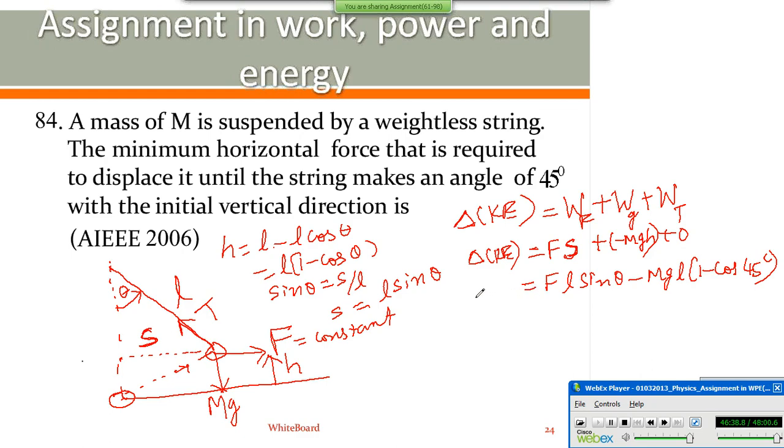So the force required will be minimum when the change in the kinetic energy is 0. That means if the mass M is moved very, very slowly with negligible, uniform speed, then kinetic energy can be assumed to be constant, and change in kinetic energy is 0. That means F is minimum and delta K is 0.